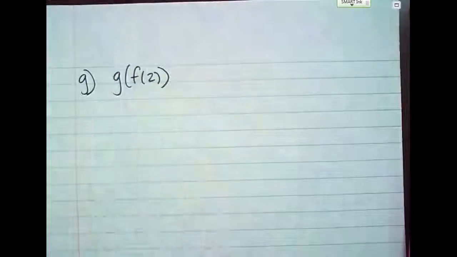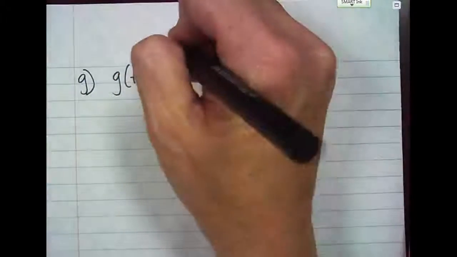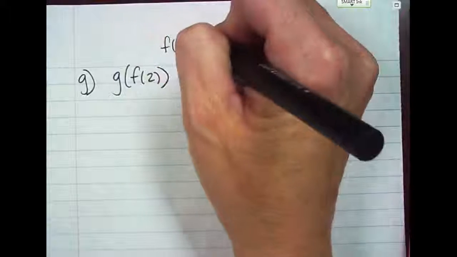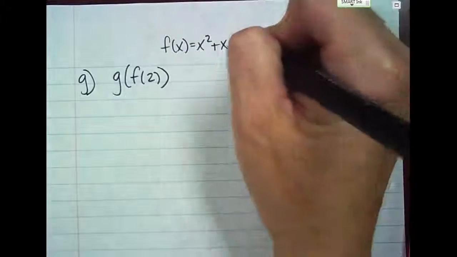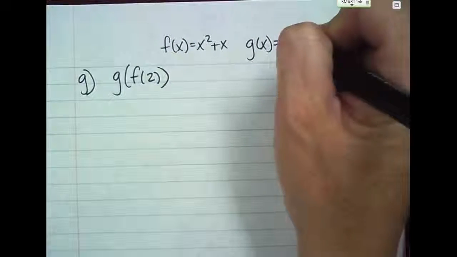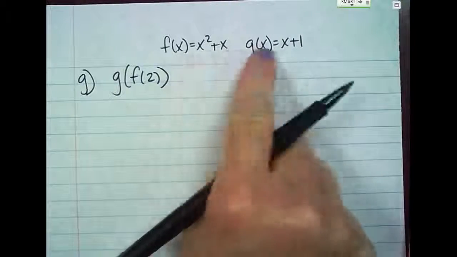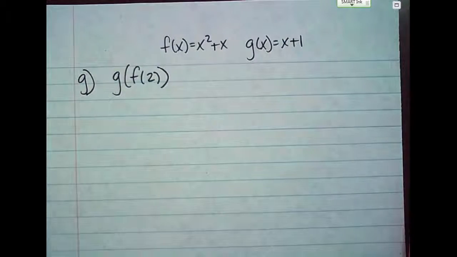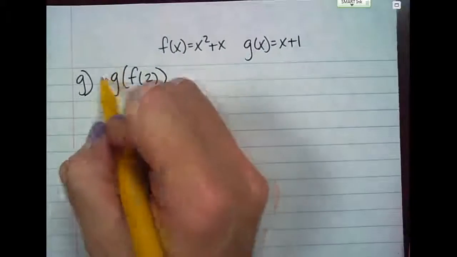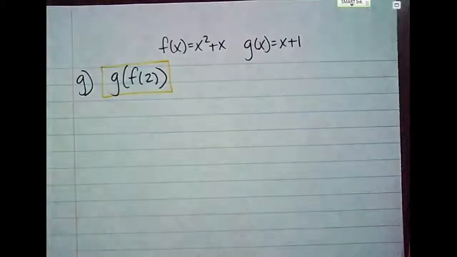G of f of 2. I'm going to write the two functions again at the top of my paper. Those are the two functions. Okay, my trick to this, remember me telling you?